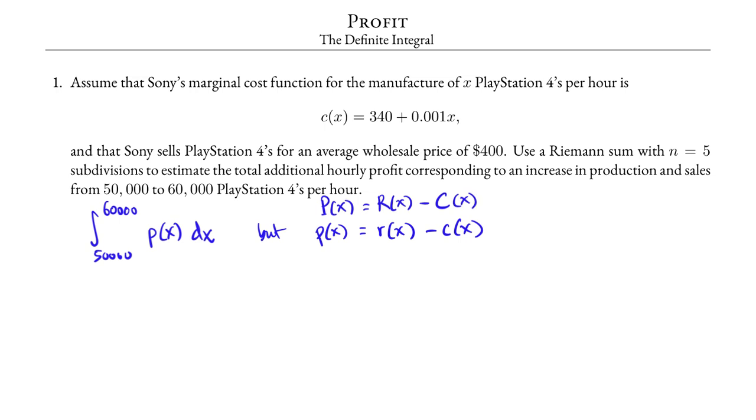The marginal profits, p of x, equals the marginal revenue, which is 400, minus the marginal cost, 340 plus 0.001x. But because there are two terms in this expression, we have to put them inside the parentheses. Simplifying this, we have 400 minus 340, which is 60, and we distribute the negative sign, minus 0.001x.